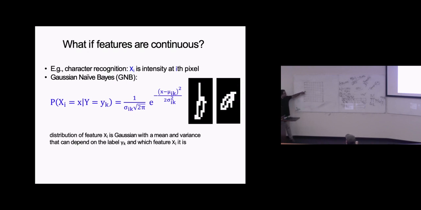So now each is a pixel, and you need to know for each class how this pixel should look like.